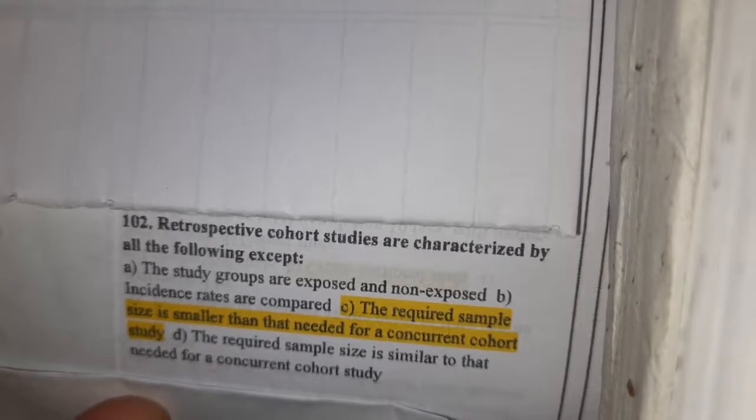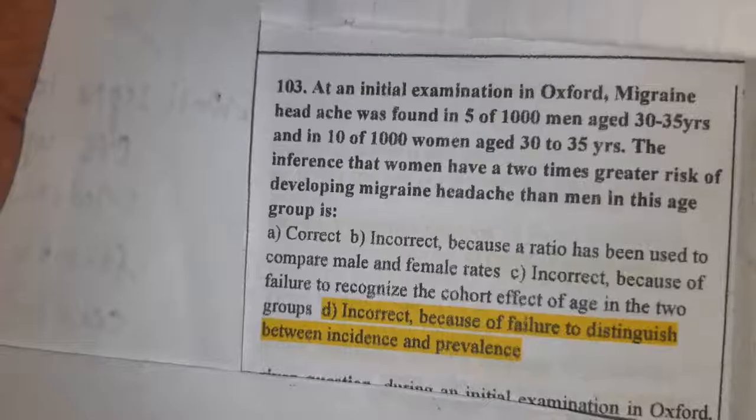It is false. Actually, in retrospective cohort study, we need a higher sample size when compared to concurrent cohort study. The required sample size is similar to that of concurrent cohort study. Yes, it can be similar or higher, but it should not be lesser than concurrent cohort study.